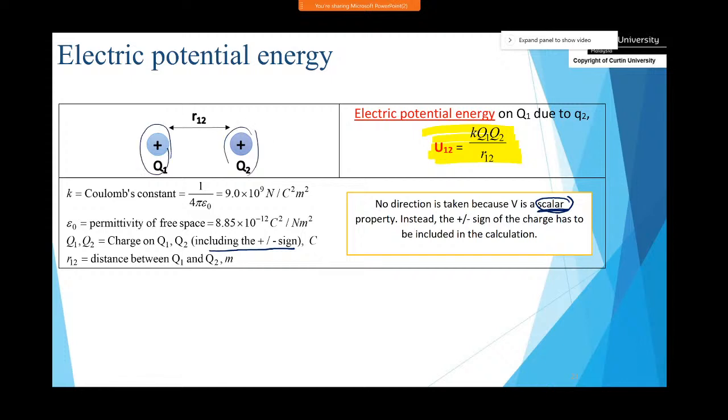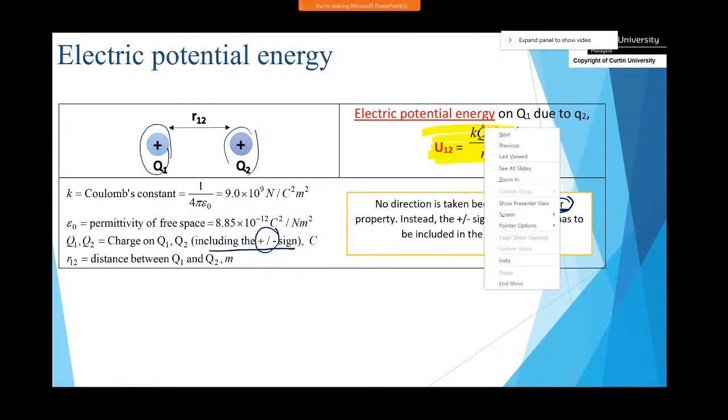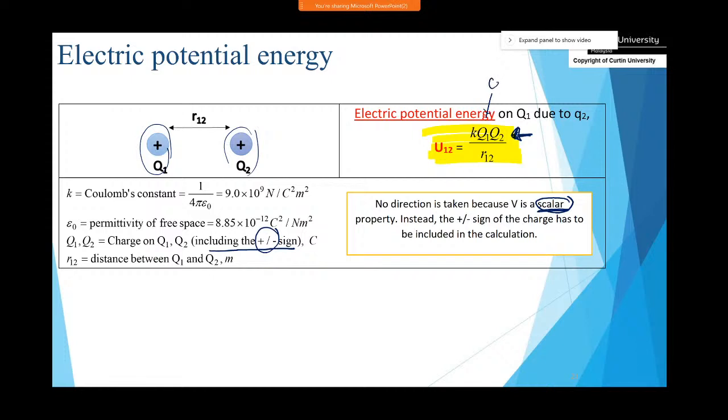The difference is, if it is a negative charge, then you have to include the negative charge. That's why if you look at the formula that we give you here, for a scalar quantity, we write the Q in terms of capital letter. Capital means you have to include everything, including the sign.